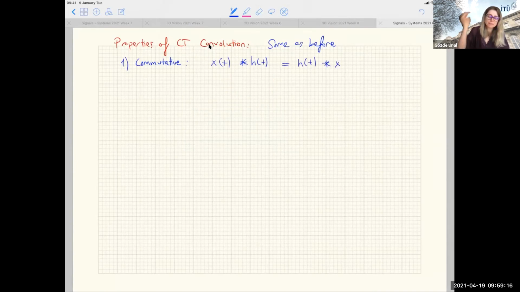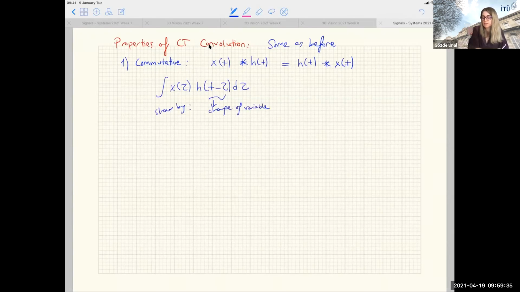You guys can show this by change of variables in this integral. So this was, for instance, x of tau, h of t minus tau d tau. Do a change of variables here, right? So for instance, let t prime be t minus tau. Then I need tau, which is equal to t minus t prime. These are minus infinity to infinity.